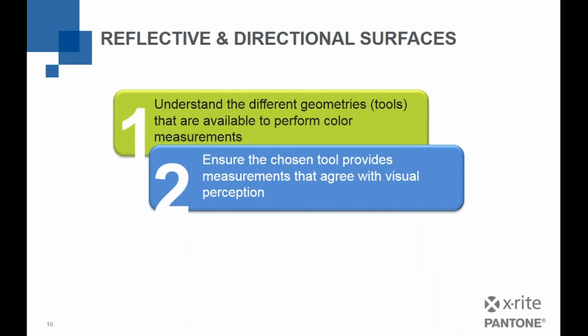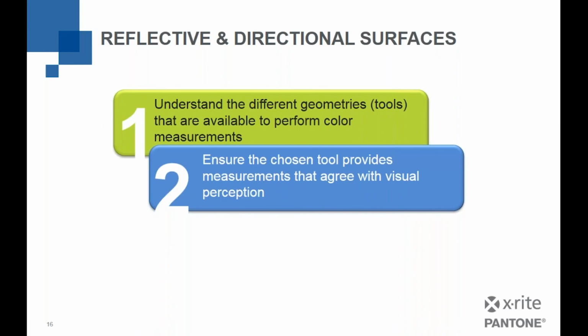The directional one seems to be the biggest catch. If you've got a reflective surface, you're probably pretty aware of that. But the directional ones are sometimes causing issues of my numbers from my instrument don't agree with what I see visually. So the simple test, of course, is to mark a spot and simply rotate the instrument around that spot and take some measurements of it to see am I getting variation.